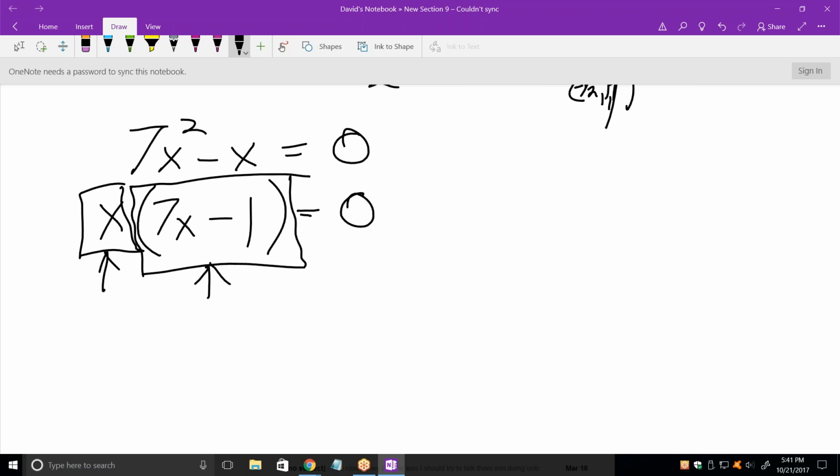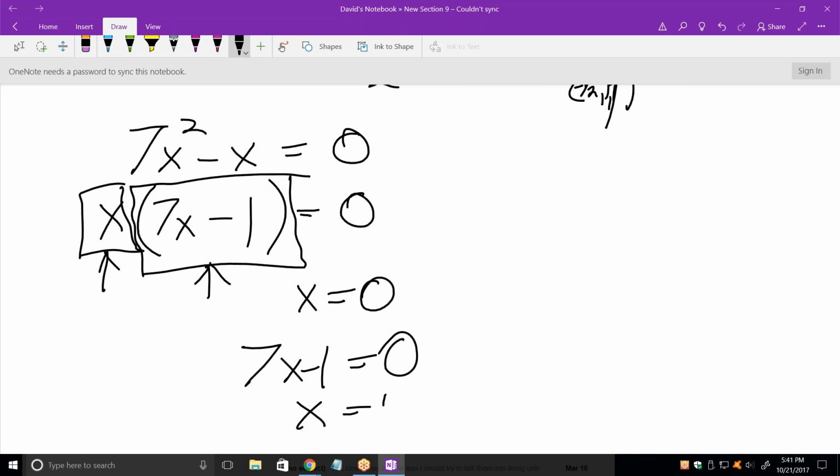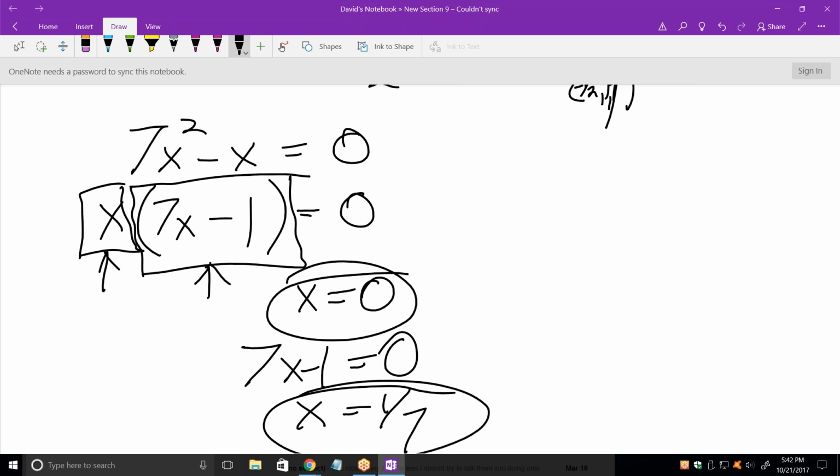The first answer is x equals 0. The second answer is 7x minus 1 equals 0, which makes x equal to 1/7. You almost always have two answers, and for some reason everybody wants to ignore the x equals 0. If I gave this question to half my students, they would say 1/7 only. But the fact is that x can certainly be 0 also to make this equation true.